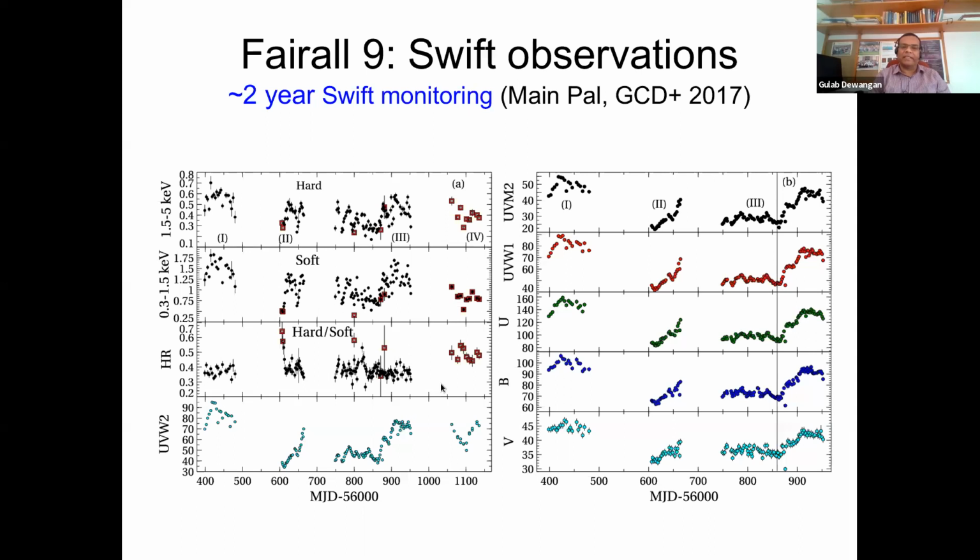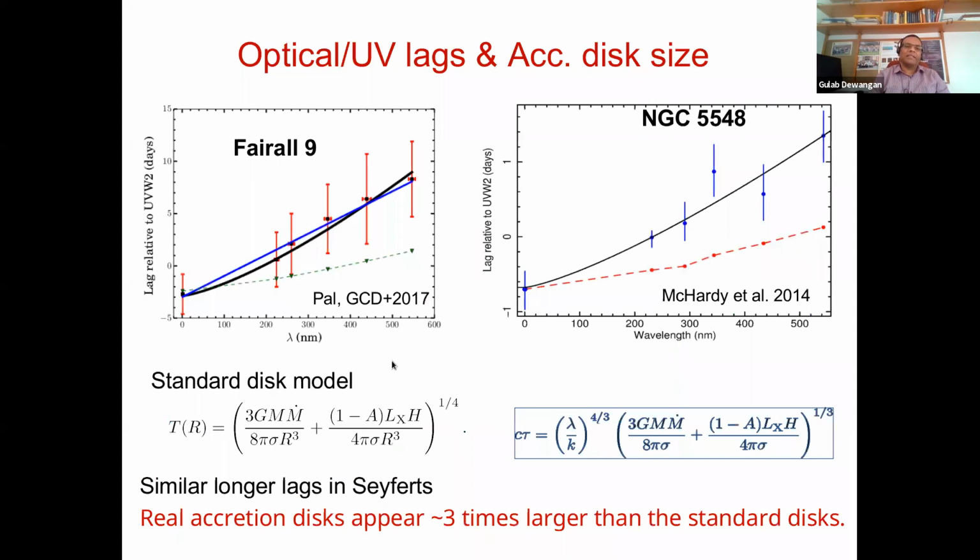The interesting thing is that you see a strong variability in X-rays, UV, as well as the optical V band, etc. And when one cross-correlates this and derives the lag and then plots it as a function of wavelength, this is the result. Of course, there are large errors because of the data quality, but then one can compare the theoretical expectations and the observations.